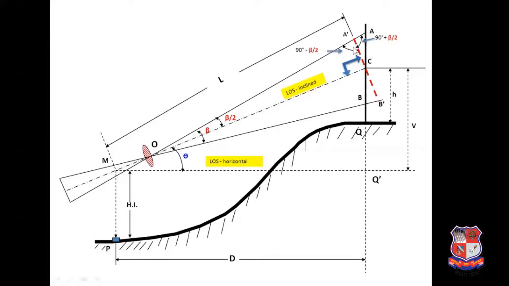So this whole is 180 degree. So this angle will become 180 degree minus 90 degree minus beta by 2. So this angle will become 90 degree plus beta by 2.